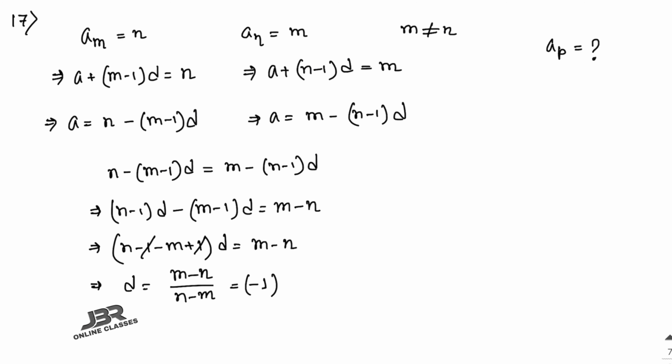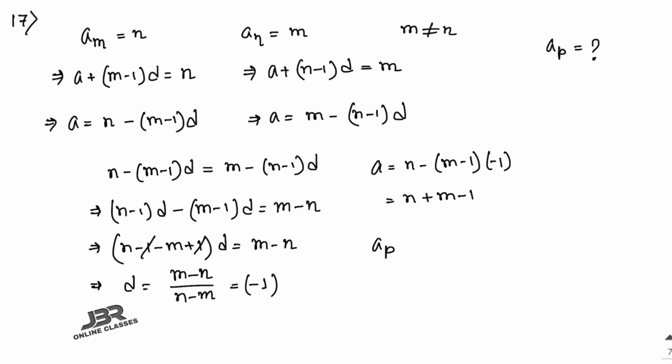So d equals minus 1, and as d equals minus 1, a equals n minus m minus 1 into minus 1, that means n plus m minus 1, so that is the value of a.